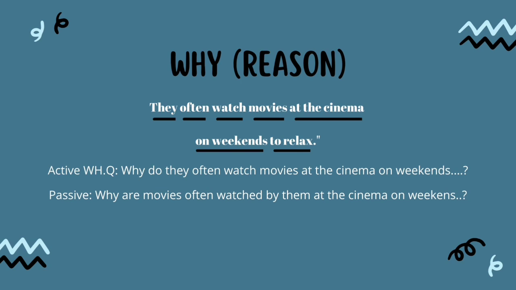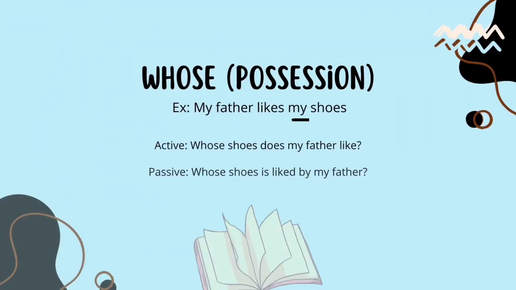Then we change the sentence into an active question: Why do they often watch movies at the cinema on weekends? Then we change into passive voice: Why are movies often watched by them at the cinema on weekends? So we can answer the question: it's to relax.